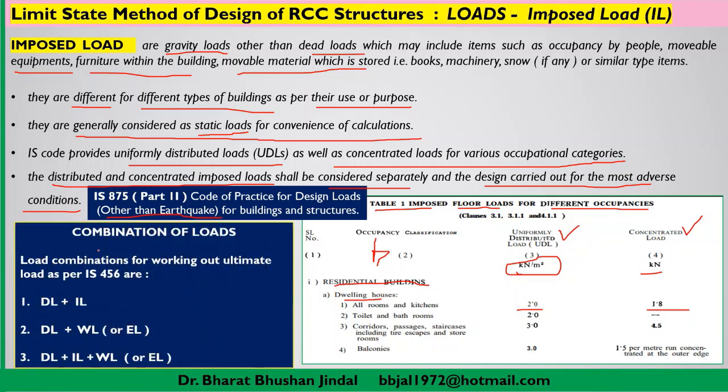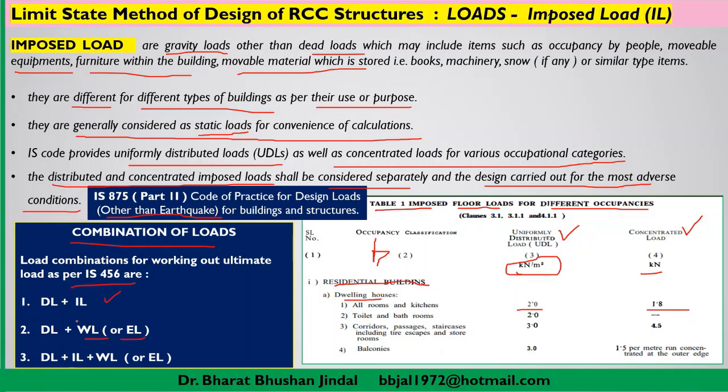Now let us briefly discuss the combination of the loads. As per IS 456 recommendations, the code has given these three types of combination of loads. First, dead load plus imposed load. That means whatever the dead load and imposed load are, first of all you will add them and work out some quantity. Then second will be dead load plus wind load or earthquake load.